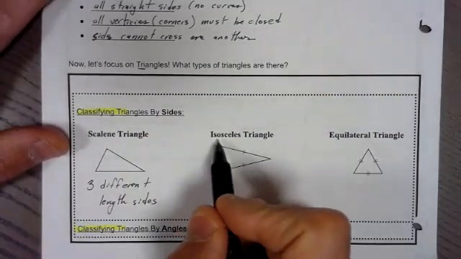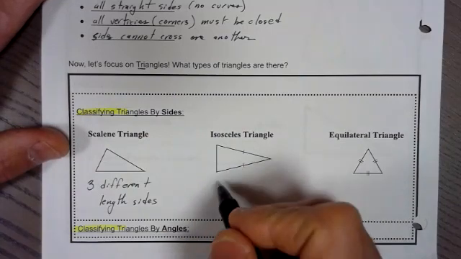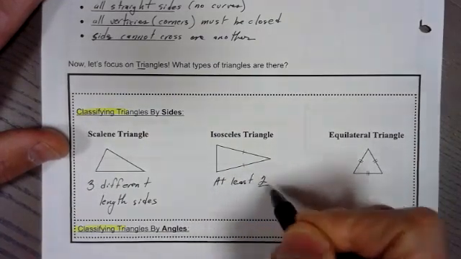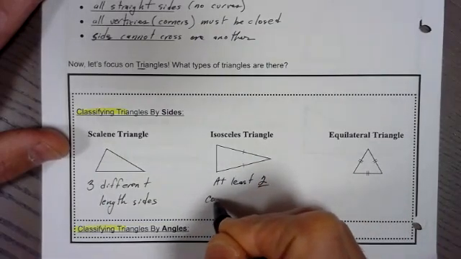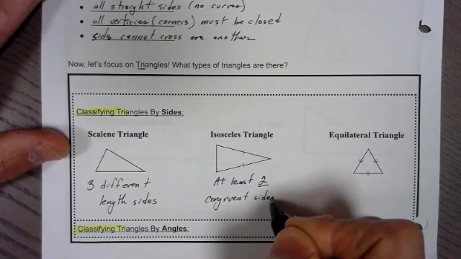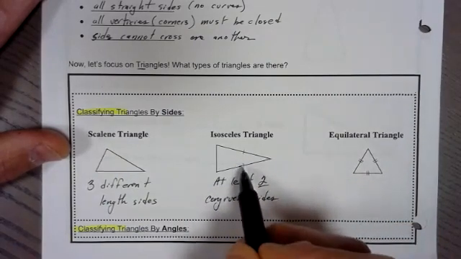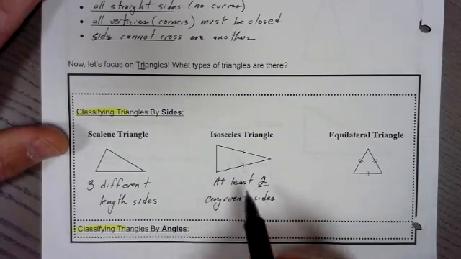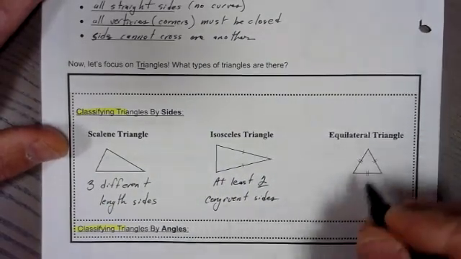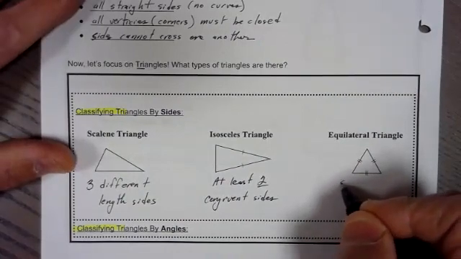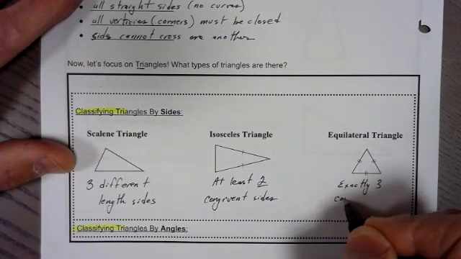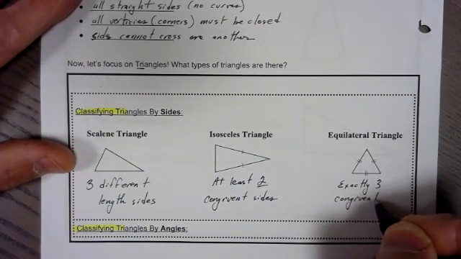An isosceles triangle, this word's pronounced isosceles, has at least 2 congruent sides. An isosceles triangle can have 3 congruent sides, but it only needs to have 2 congruent sides. An equilateral has exactly 3 congruent sides.